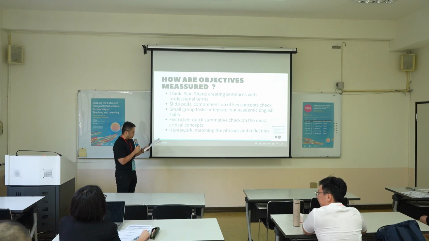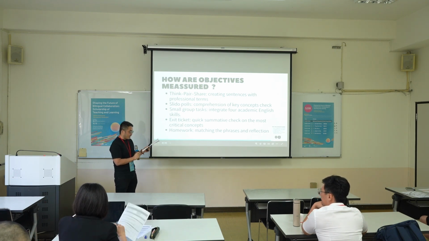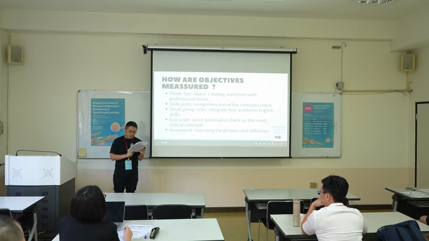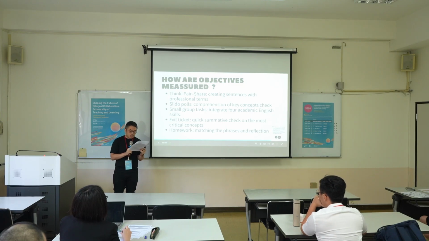The central practice task is a group session where students integrate all 4 skills: listening, speaking, reading, and writing by working on the case study together. At the end of the class, an exit ticket will serve as a quick summative check on the most critical concept of the lesson.